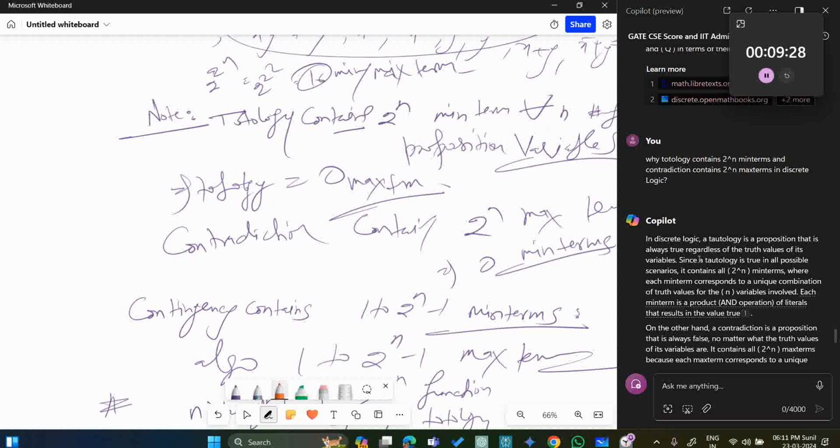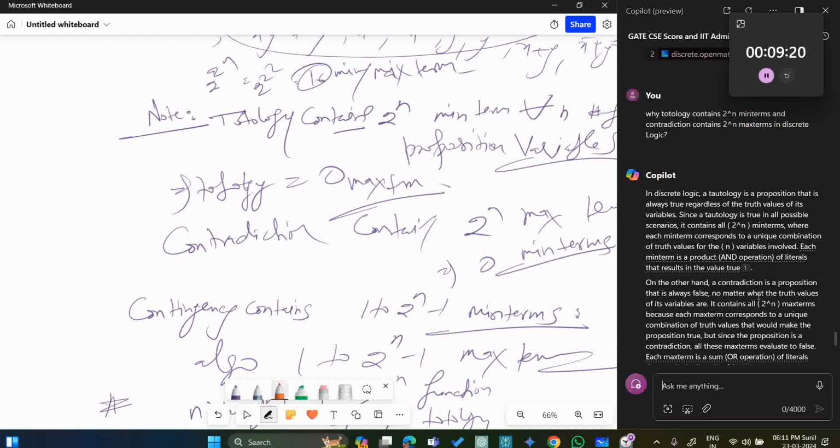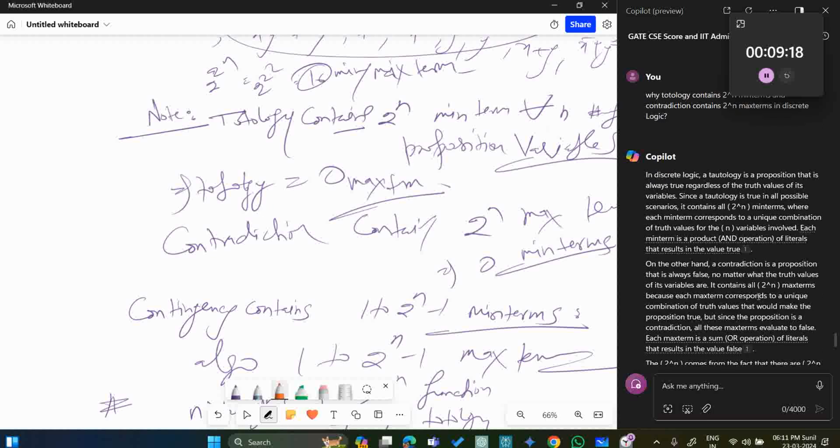Each minterm is a product (AND operation) of literals that results in the value true. On the other hand, a contradiction is a proposition that is always false, so it contains maxterms, because each maxterm corresponds to a unique combination of truth values.